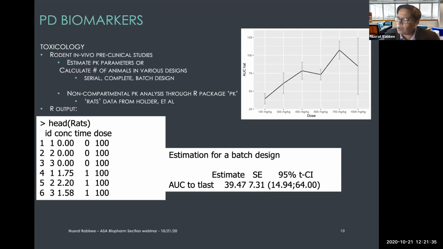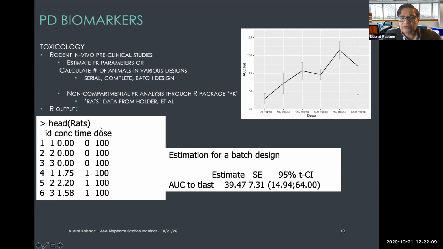Holder et al. introduced a partial AUC method and a standard error of that. The R code that I give in the book, in this picture for example, plots AUC hat over dose, and these AUCs and SEs are calculated using that R code with the partial AUC method.